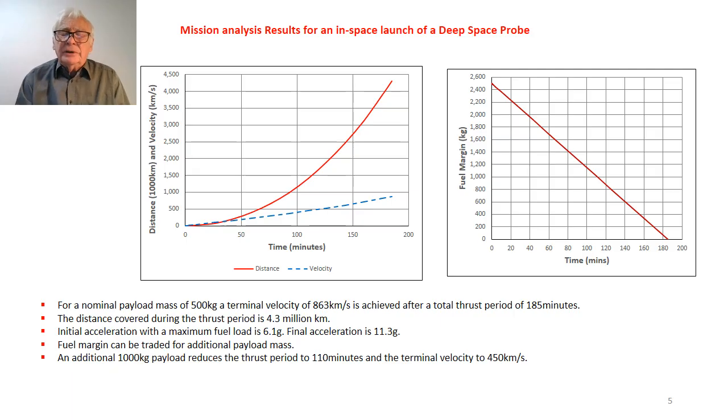So depending really on what your mission targets are, you can carry a much heavier payload, but you won't go quite as far and quite as fast during the thrust period. If you look at this particular plot, you can see that if you want to have an additional 1,000 kilogram payload, this will reduce the thrust period to 110 minutes, and the terminal velocity will be reduced to 450 kilometers per second. So it's a useful characteristic to have, the fuel margin.